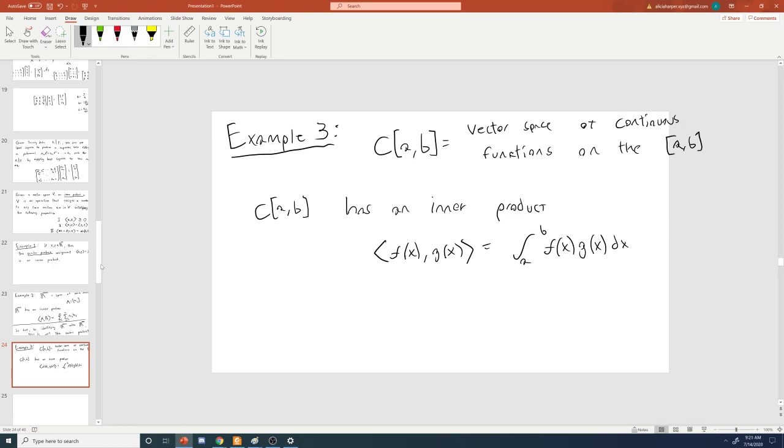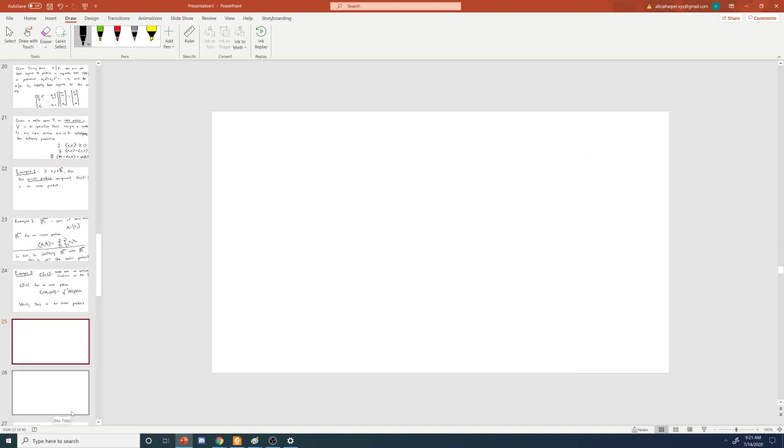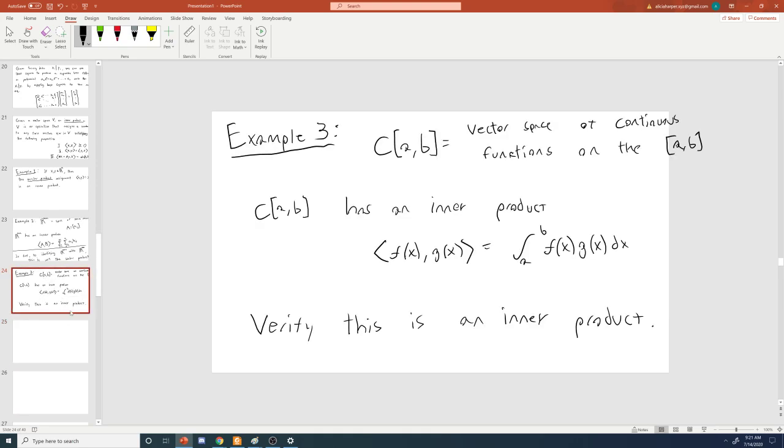Now we're going to verify that this is an inner product, so we have to verify that all three of these relations hold.